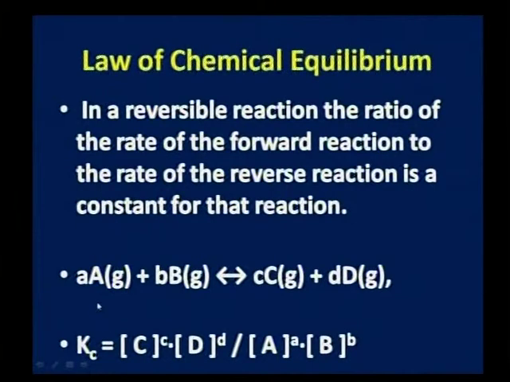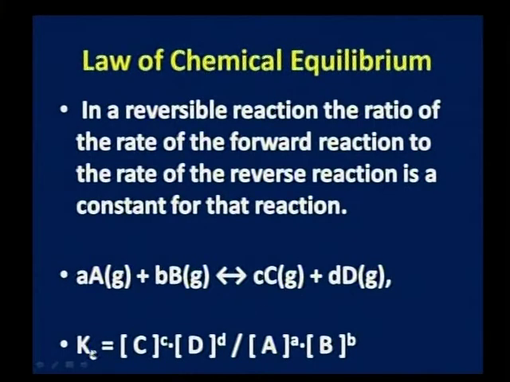Let us consider A and B as the reactants, with small a and small b as their coefficients, and C and D as the products, with small c and small d as their coefficients.